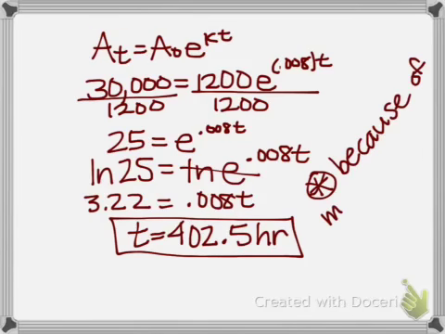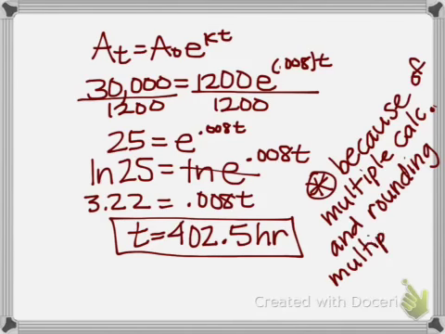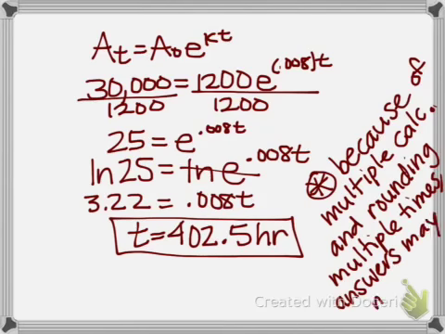So at this point I need to make a little side note. Because we do so many calculations throughout the problem and we're rounding throughout the problem, it's very possible that your answer is not going to match the answer that's in the book. So just know that if you get an answer that is similar to the answer in the book, that is sufficient.